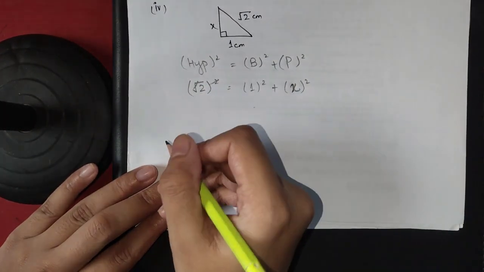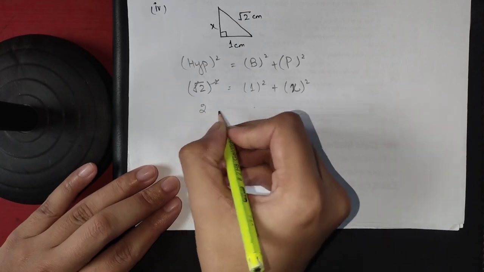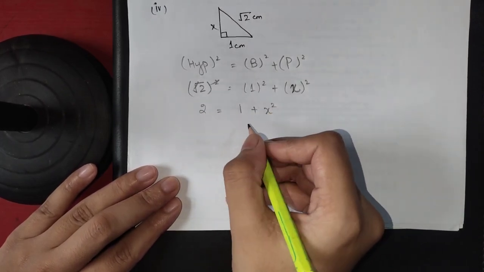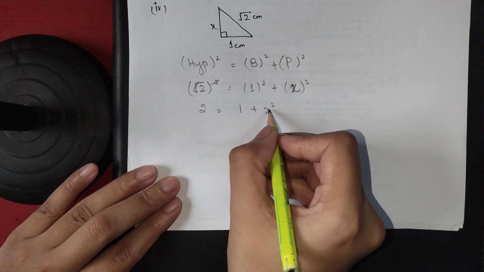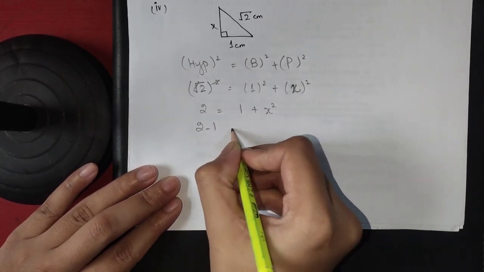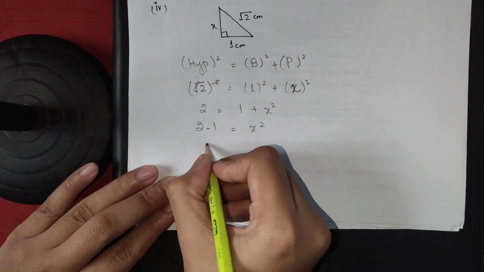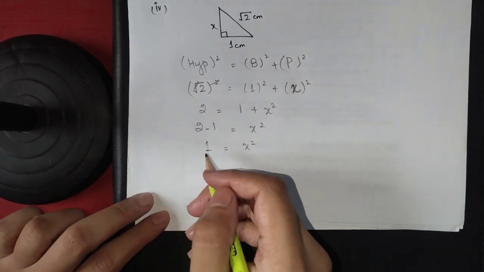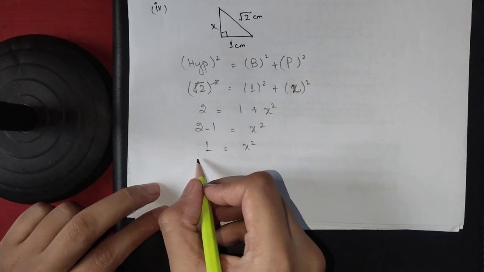Square is cancelled out with this square root. Here it is 2 equals 1 square, 1, plus x square. You have to find out x square. Here it is 1. When it goes to the other side, 2 minus 1 is equal to x square. 2 minus 1, 1 is equal to x square. We have to find only x.